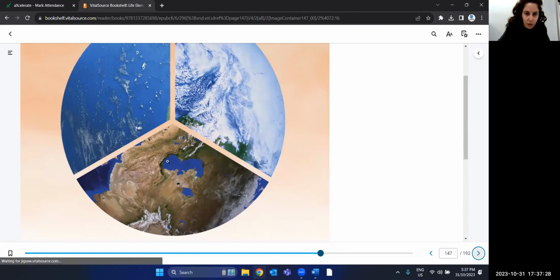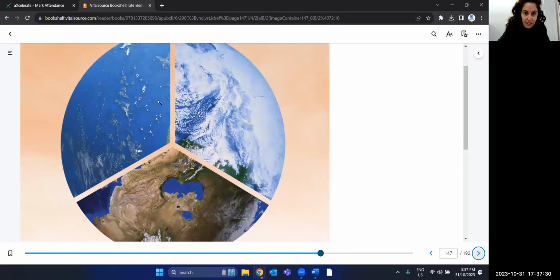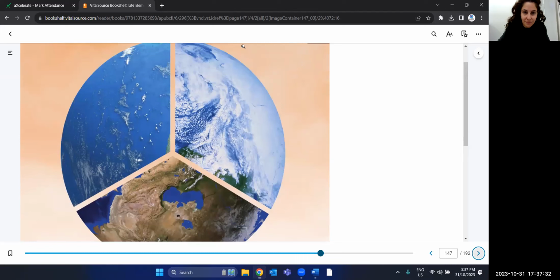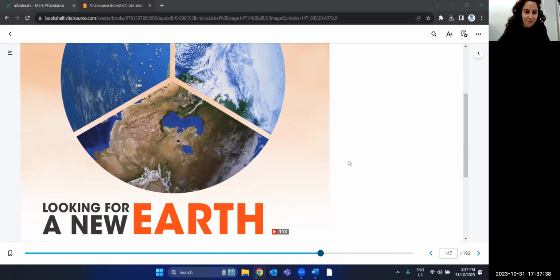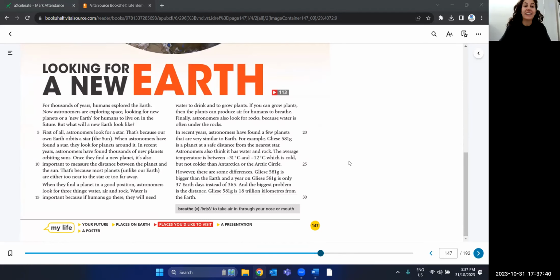It looks like the world into 3 sections. Okay, looking for a new Earth. That's the title. It looks like we have paragraph 1, paragraph 2, paragraph 3.